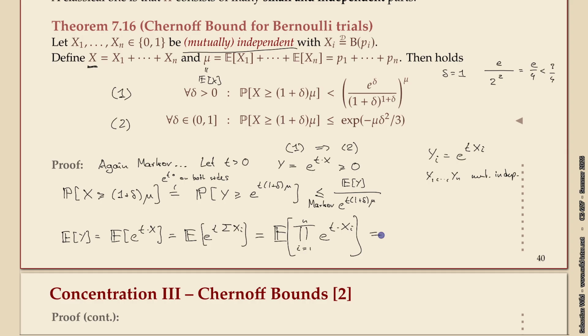And what have we learned about the expected values of independent random variables? They factor. So in particular, the expected value of the product is the product of the expected values.